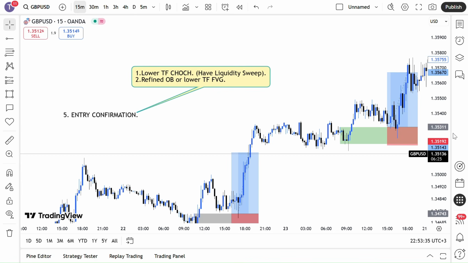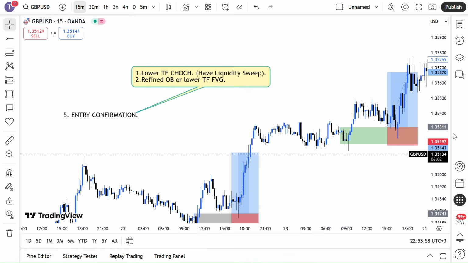So what you should have in your trading plan, or ask yourself, is, on the lower time frame, is there a change of character happening? Let's say maybe in the 15 minutes time frame, or the 5 minutes time frame. This depends on which time frame you are willing to enter the trade from.